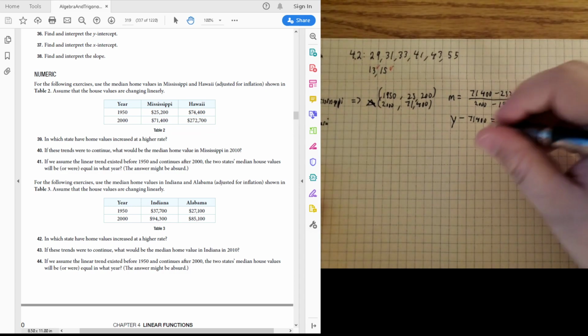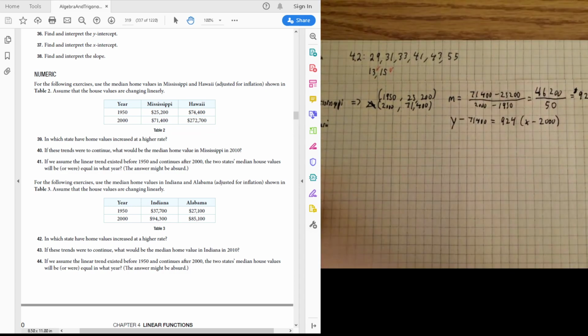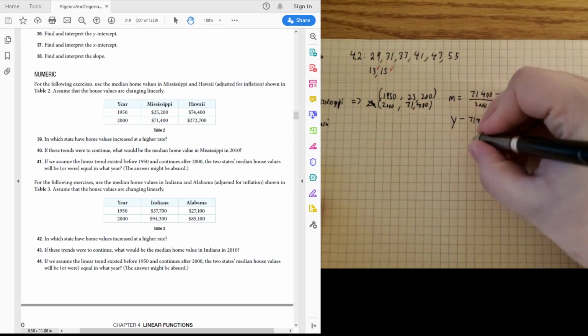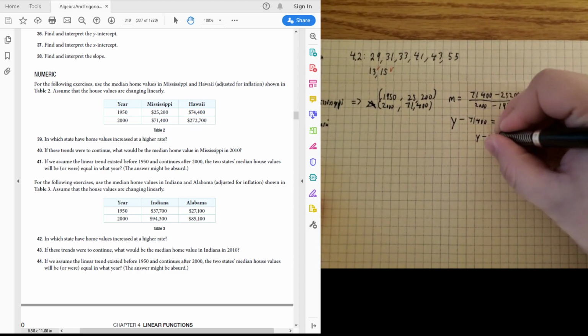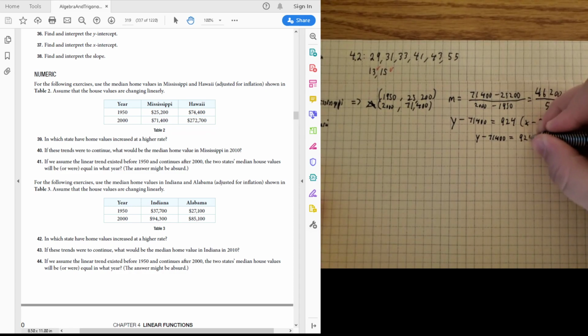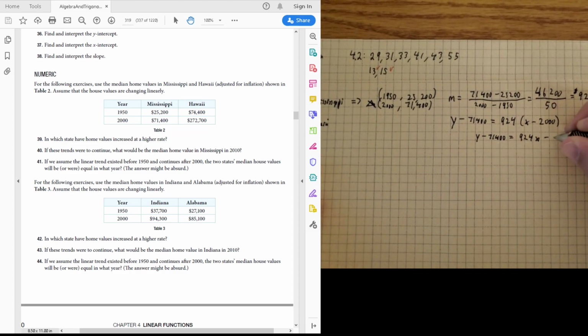And then I'm going to simply solve. So I'm going to distribute first. 924 times 2000. So I get y minus 71400 equals 924x minus 1848000. And then I'm going to move that 71,400 over.